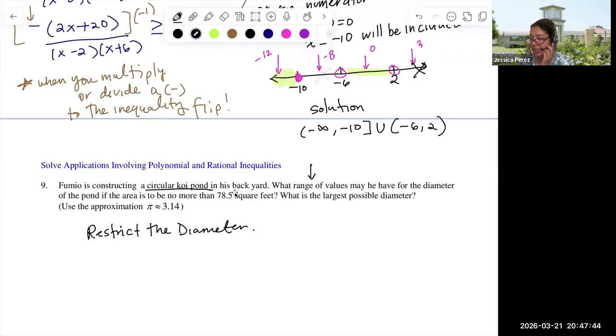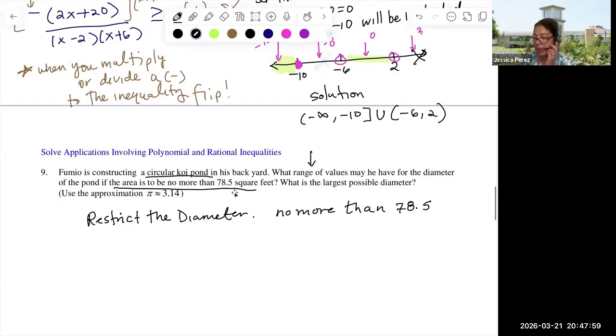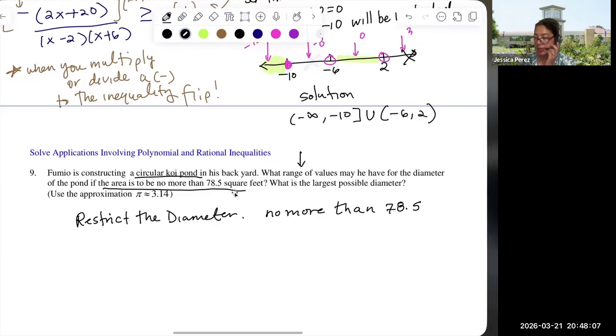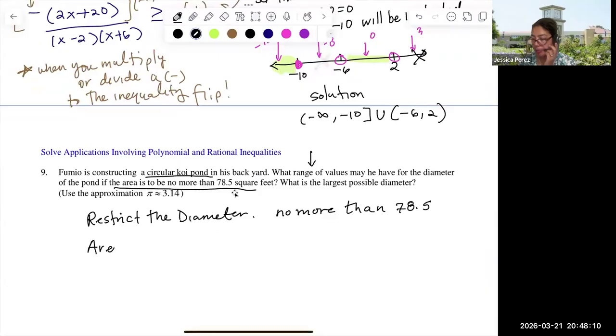What range of values may the diameter have if the area is no more than 78.5 square units? So no more than means what? 78.5. Alrighty, so then what we're trying to do is, well, we know the area formula for a circle is pi r squared.